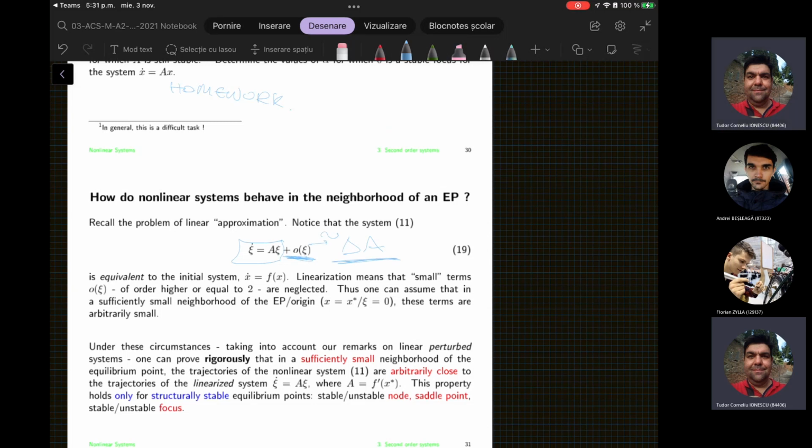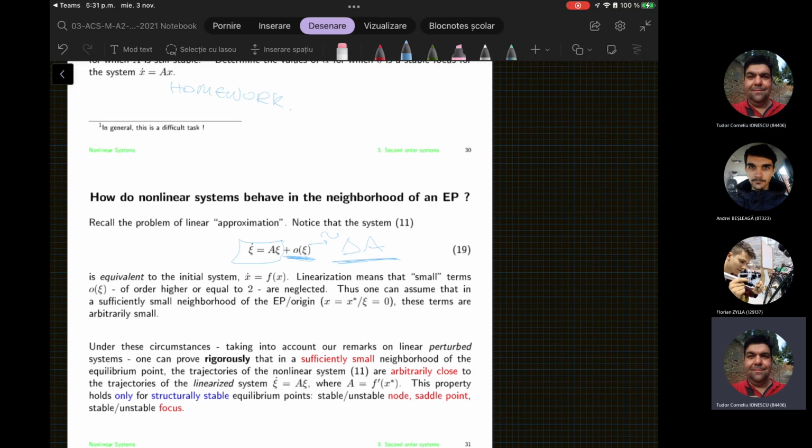This is the explanation for this. You may take into account the higher order terms as a structured perturbation applied to the matrix A, okay? All right. Fine.